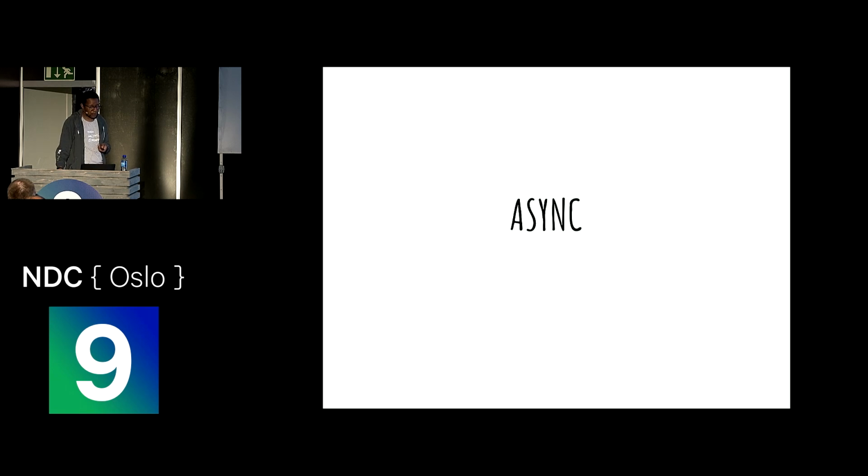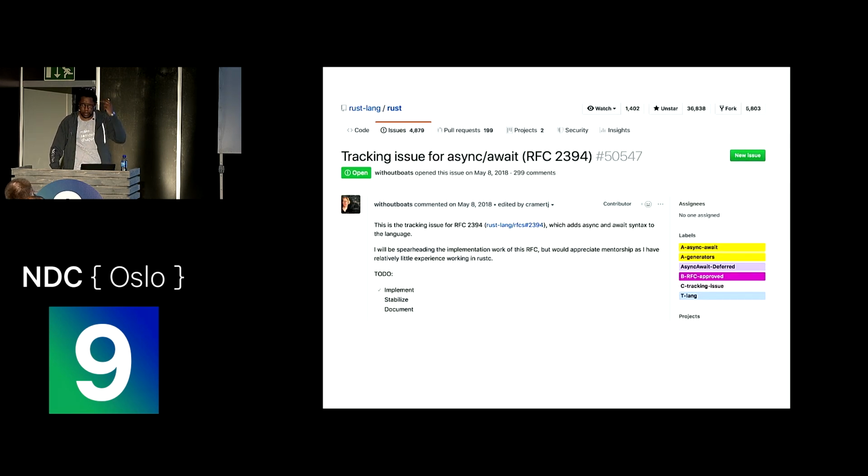Async in Rust is relatively new. It's not yet stabilized, and there's a lot of work ongoing to get this stabilized. Recently, the community settled on the actual syntax for this feature, and it's now being implemented in the language.